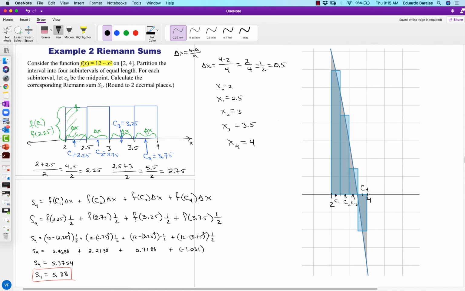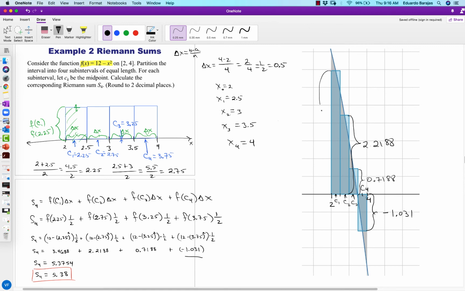So we found out that this area here has the value of negative 1.031. That would be this one. And this one here has the value of 0.7188. This one here, from here to here, this one is 2.2188.